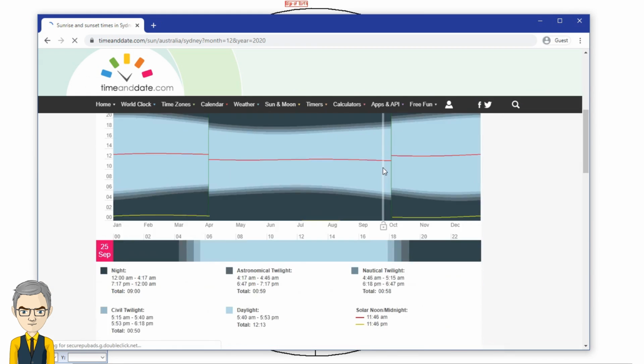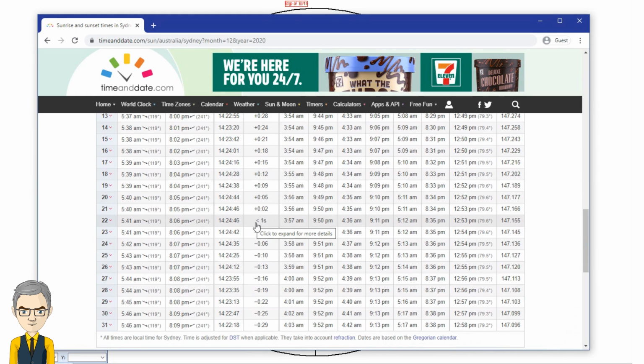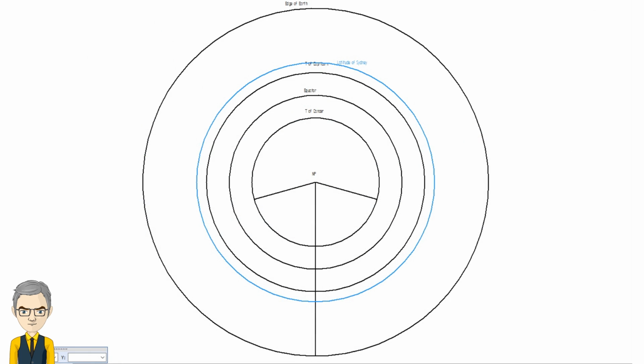The same steps for the December solstice results in a day length of 14 hours, 24 minutes and 43 seconds between sunrise and sunset. For simplicity, 14 hours and 24 minutes, or 14.4 hours, is multiplied by 15 degrees per hour, giving 216 degrees as the angle traversed by the Sun during daylight. Inscribing lines from the North Pole to the Tropic of Capricorn at angles of 108 degrees to the line of longitude defines this arc.